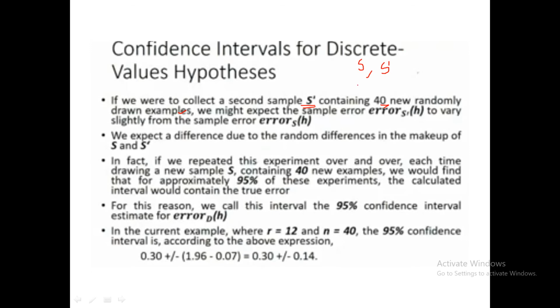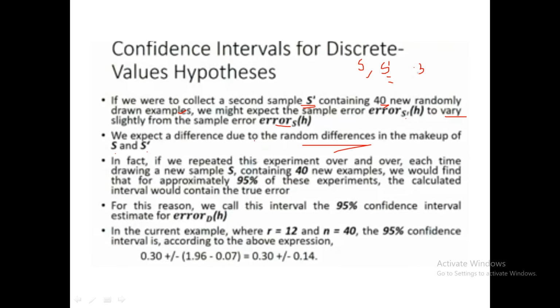Now when you look at this new sample S dash, what might be your sample error? It might be 0.3 or slightly up or down. So this new sample error of S dash for H can vary slightly from the previous value of 0.3. We expect a slight difference because you are randomly selecting samples between S and S dash, so there will be some differences.